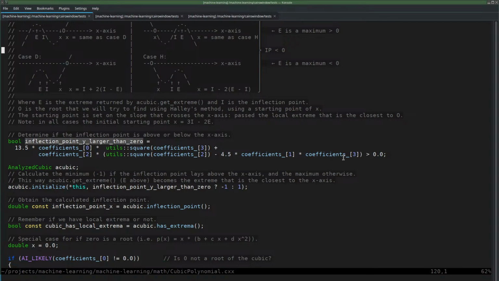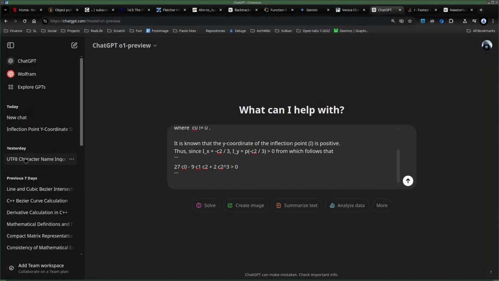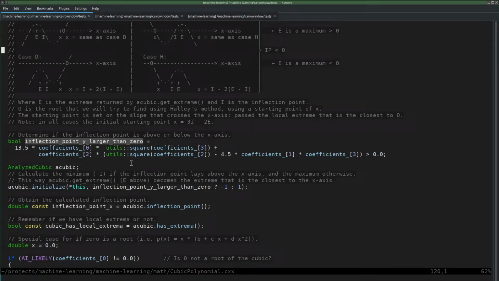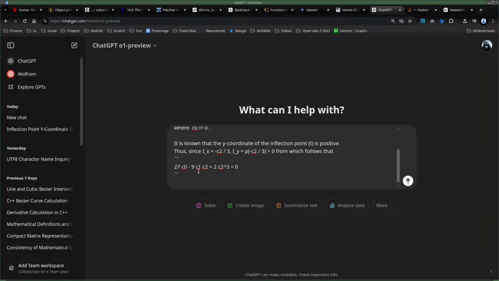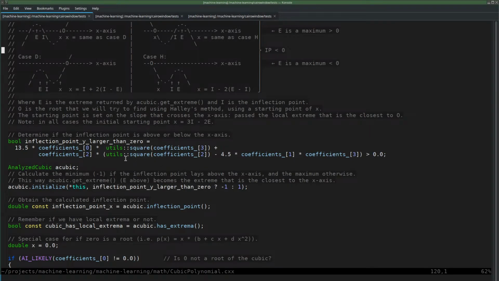It's like literally that same thing, but then divided by 2. 27 divided by 2 is 13.5 times C0 times the square of C3, but C3 was 1, so that is dropped out, plus C2 times, so I have a C2 outside here, but C2 times 2 times C2 squared. Yeah, but divided by 2, right?